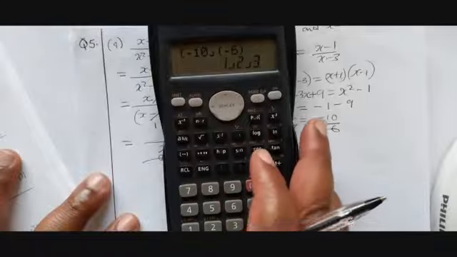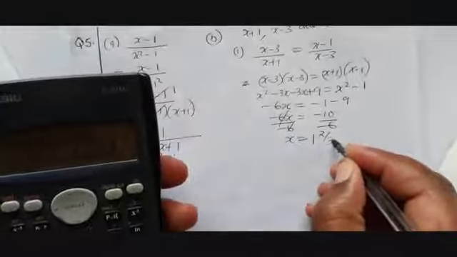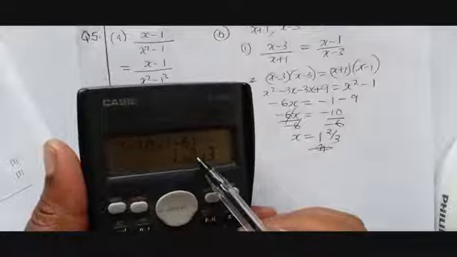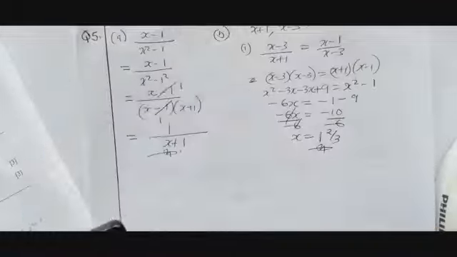This is what you are going to get. Your final answer is 1 2/3. One whole number, then you have 2 over 3 as your proper fraction.